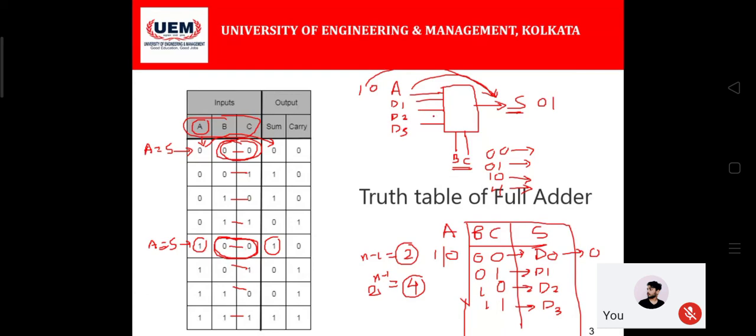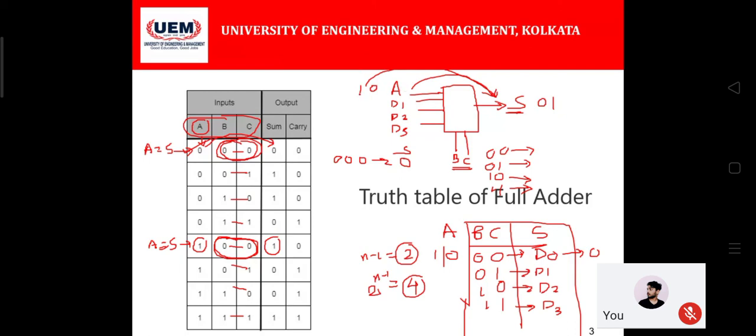So in that case, you can see the combination of the values that I am getting is either this A0, B0, C0 producing a 0 at the sum. So this first iteration gets satisfied.